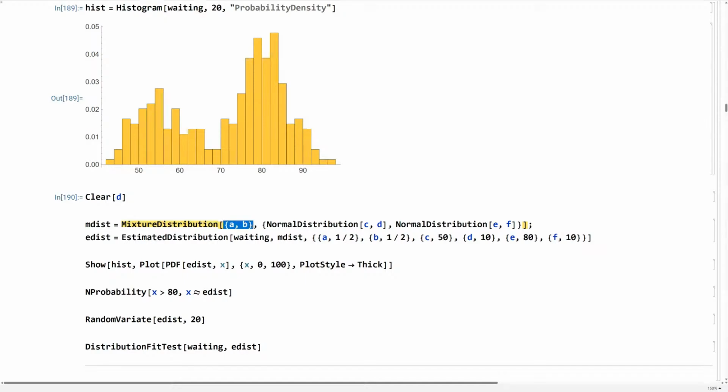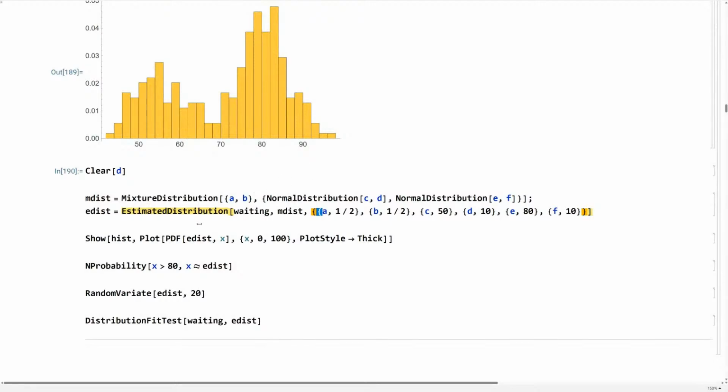The first argument we'll put aside for a second, and let me talk about the second one. This is normal distribution 1 and normal distribution 2. The first normal distribution has its own arguments, and the second normal distribution has its own arguments. Then we can look back at A and B, which are the weights of these two different distributions. I would say these two look like half and half, or maybe the first one is a little bit bigger.